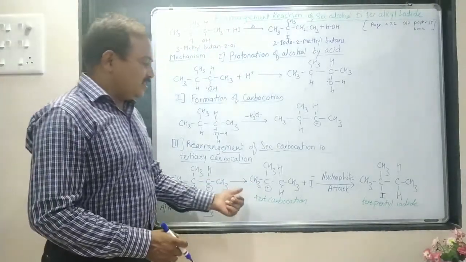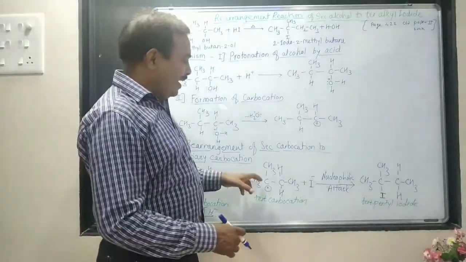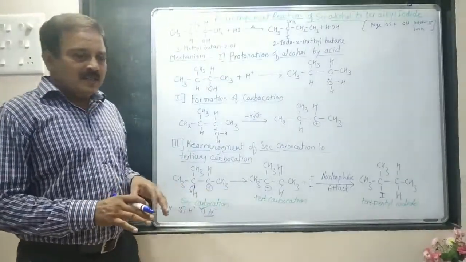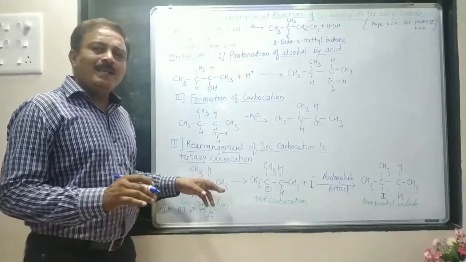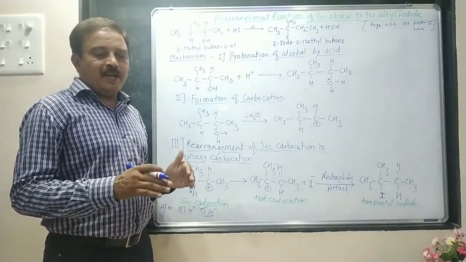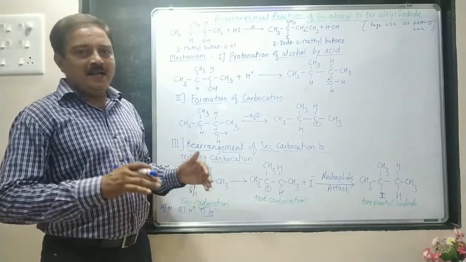So this is a rearrangement. Now why this rearrangement takes place is again a question in front of us. We have studied in 11th standard the stability of carbocations, primary, secondary and tertiary.